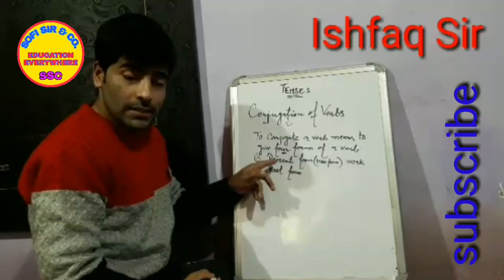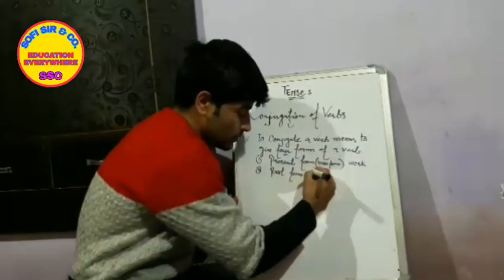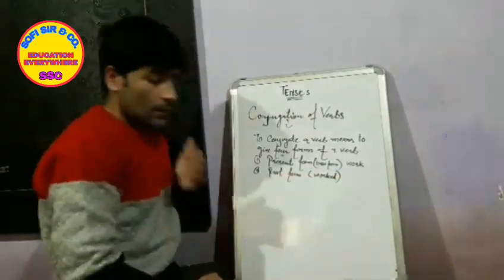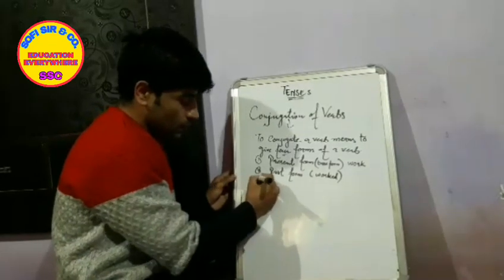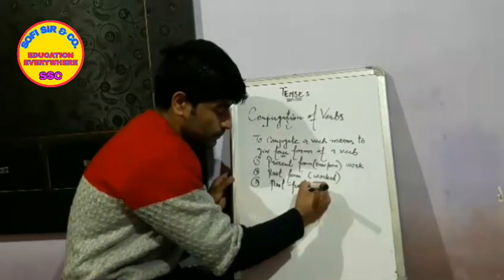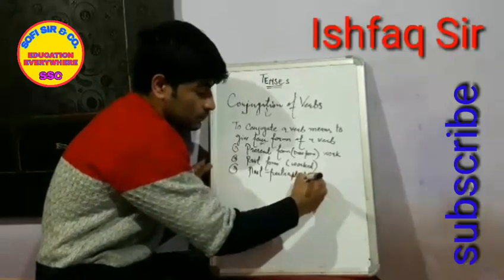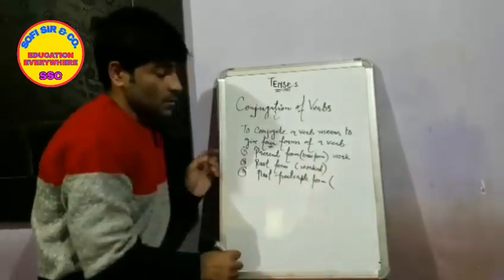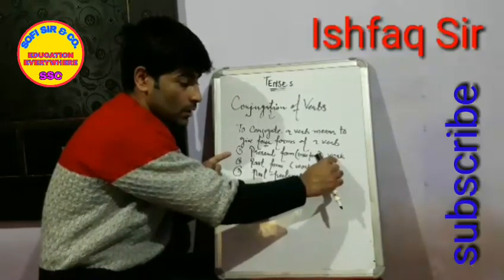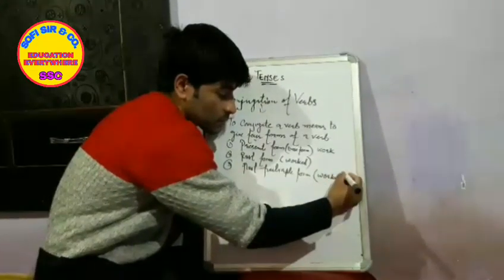The first form is the present form, and the second is the past form. The past form of work is worked. The third form is the past participle form, and the past participle form of the verb which I have taken as an example is the same, worked.